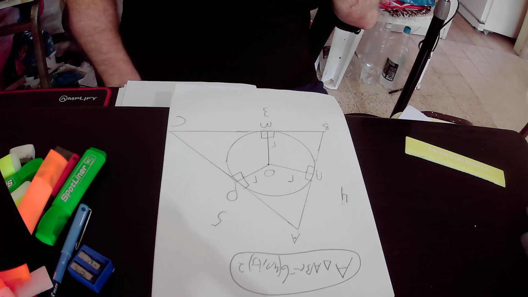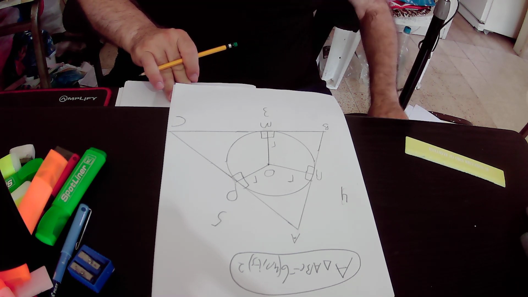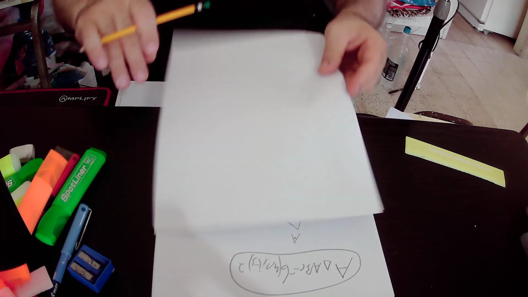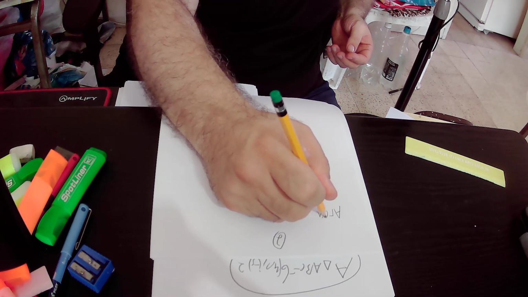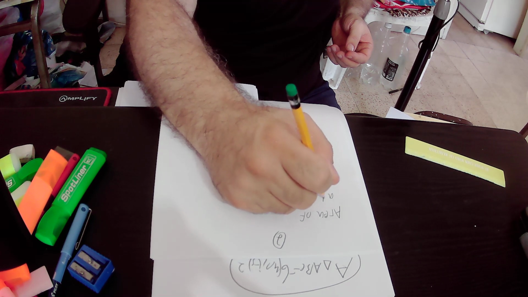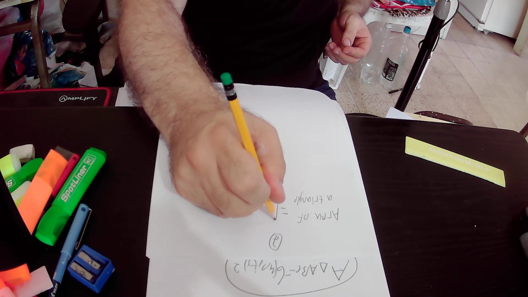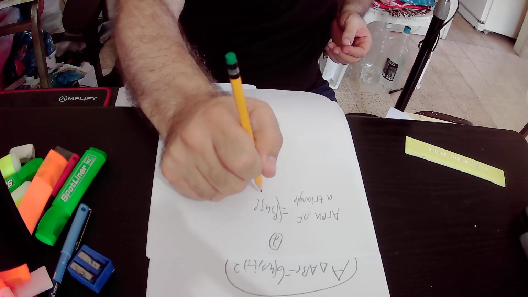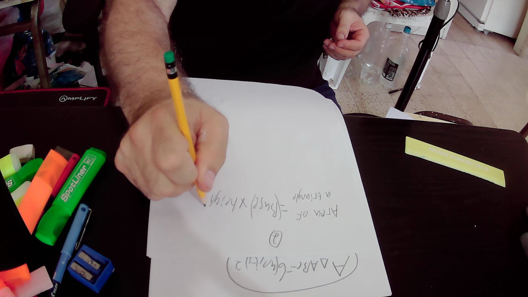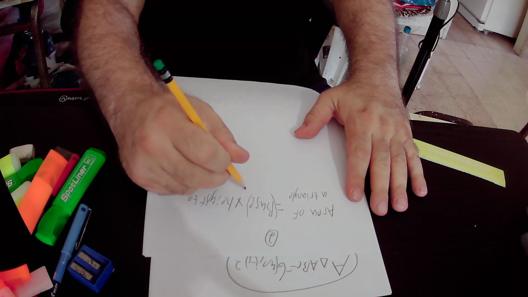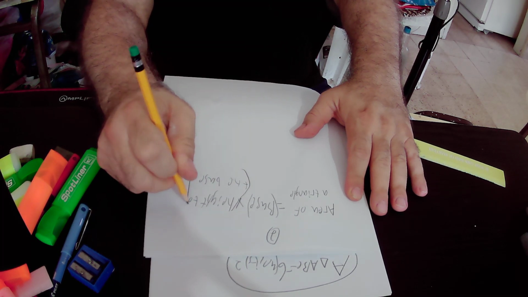And actually, the formula for the area of the triangle, of any triangle, equals the base of the triangle times the height to the base divided by 2.